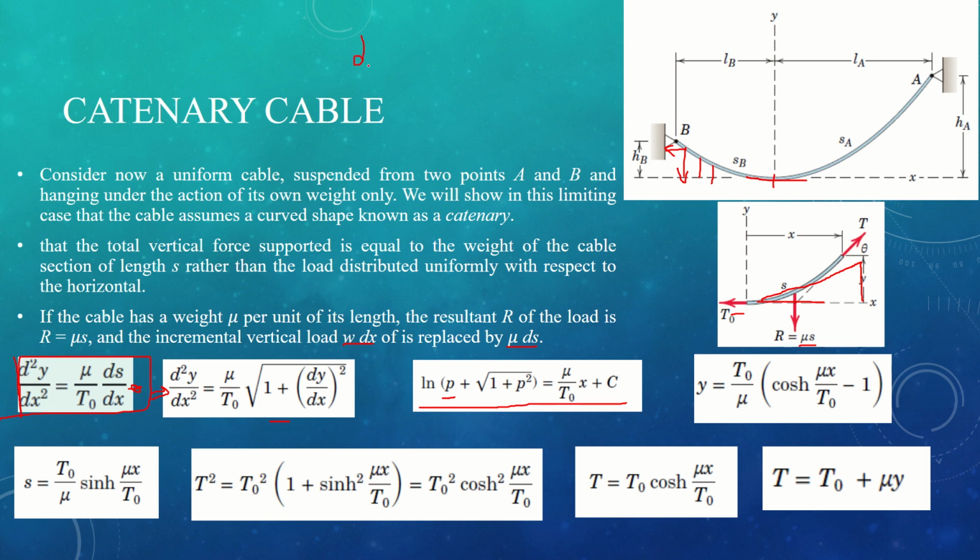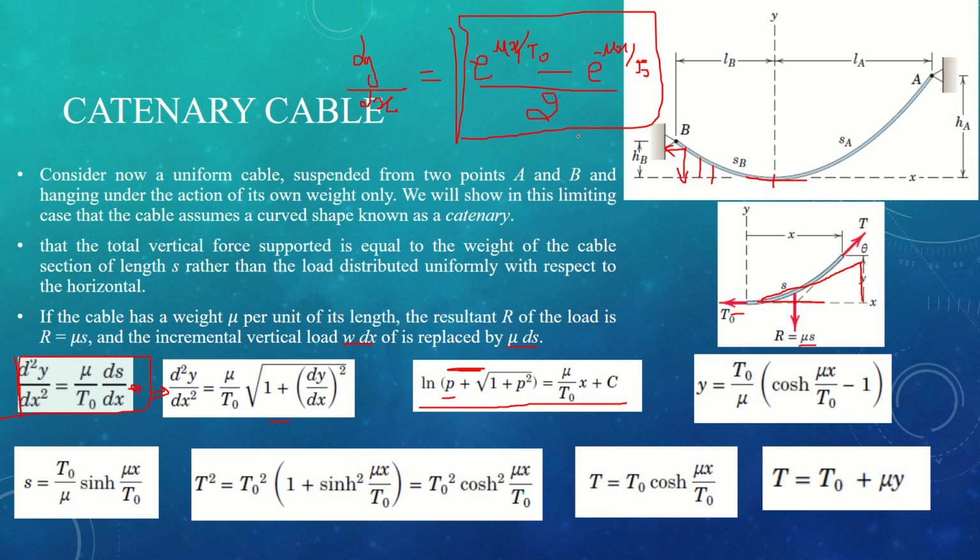When you open p as dy by dx and arrange this equation, what you get is exponent mu x by t naught, divided by 2, minus exponent minus mu x by t naught. If you remember the identity, this relation is called sine hyperbolic.